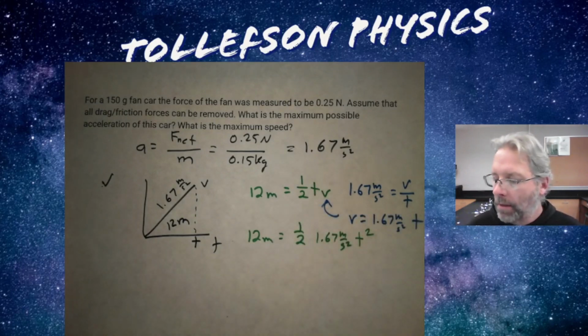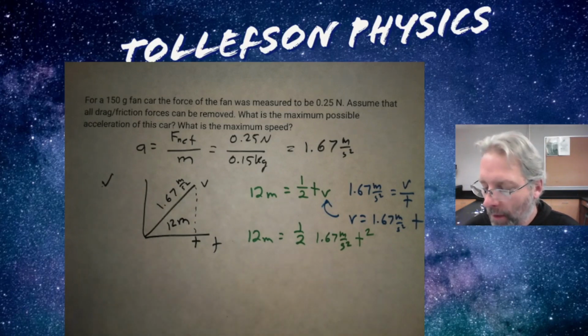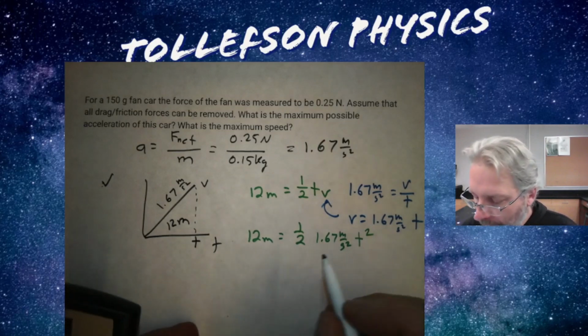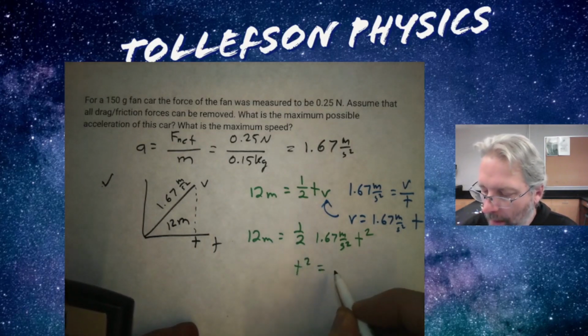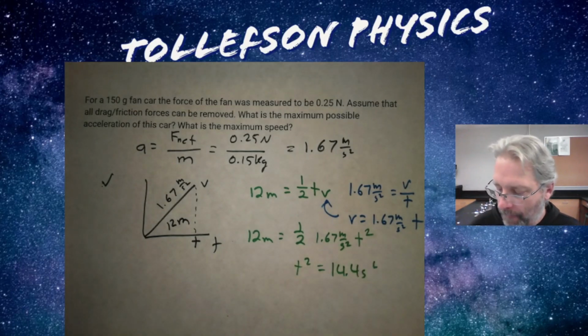So what I need to do is combine these. So 12 times 2 is 24. 24 divided by that gives us a time squared of 14.4 seconds squared.